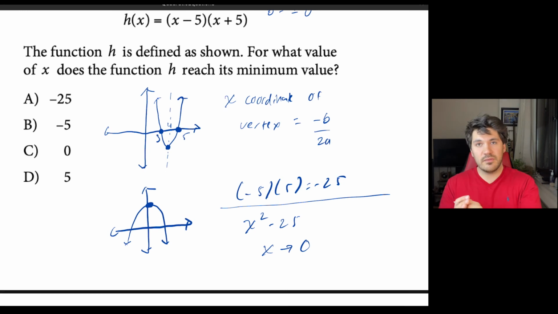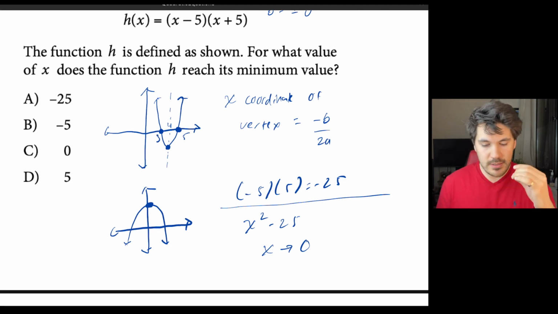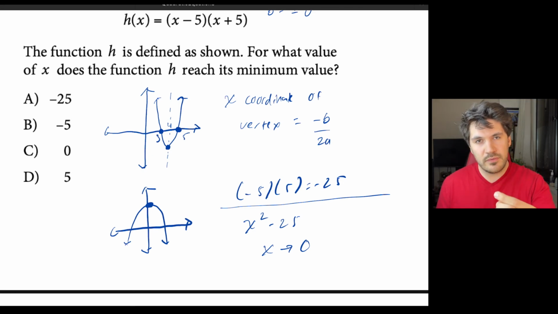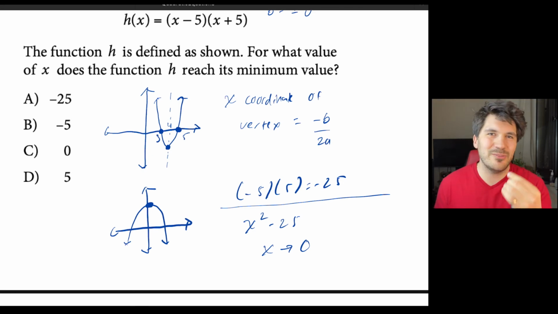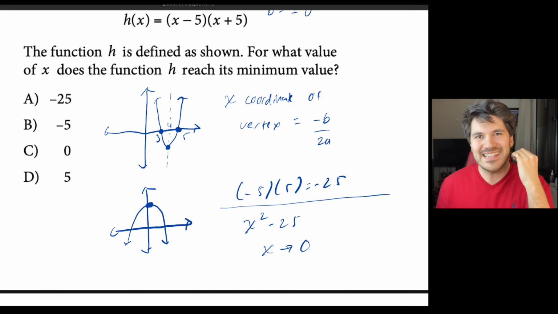So to get the x-coordinate of the vertex, one more time, you can use the formula negative b over 2a, or you could get the zeros, and whatever's in the middle is the x-coordinate of the vertex. To get the y-coordinate of the vertex, you just plug the x-coordinate of the vertex back into the equation. And the vertex could be either the minimum value or the maximum value of the function, depending on whether it's a happy parabola or a sad parabola. Let's move on.